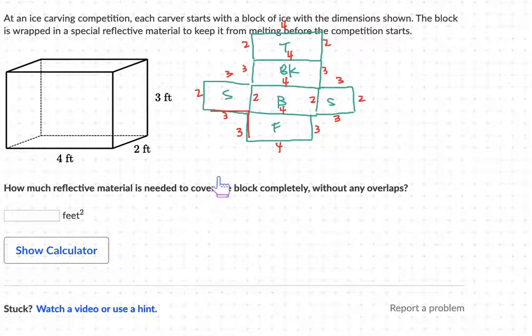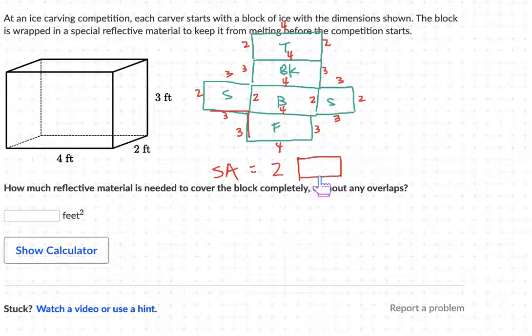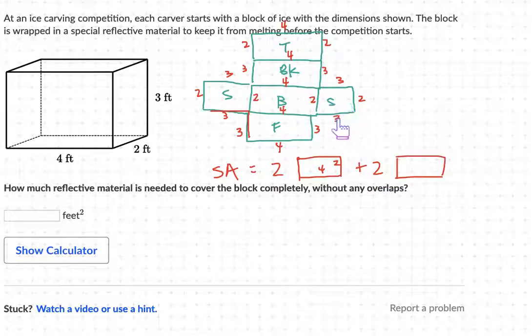So now we're going to figure out the surface area. This one's a little trickier because all your faces are a little different. But you do have the bottom and the top that match up, so 2 of those that have the 4 by 2. Plus, you have 2 of the sides. Your sides are all 2 by 3.